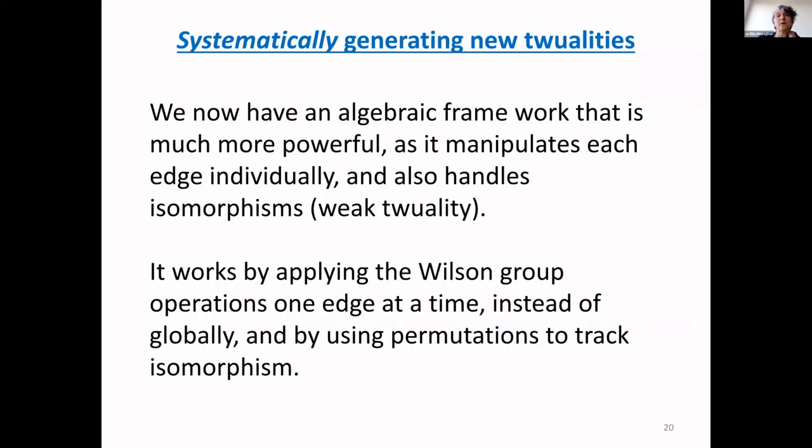All right. So what we have now is an algebraic framework that's much more powerful. It's going to manipulate each edge individually, and it's also going to handle duality up to isomorphism. And it works by applying the Wilson group operation one edge at a time instead of globally, and by using permutations to track the isomorphism.